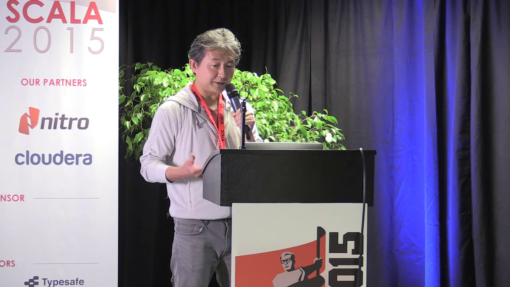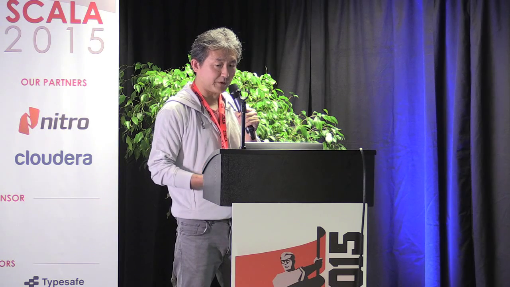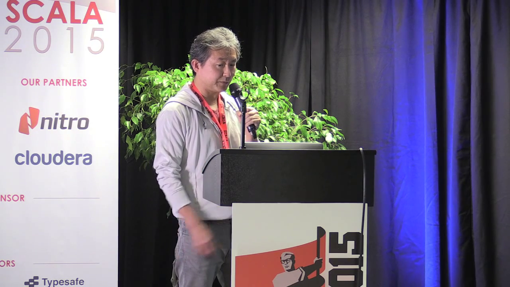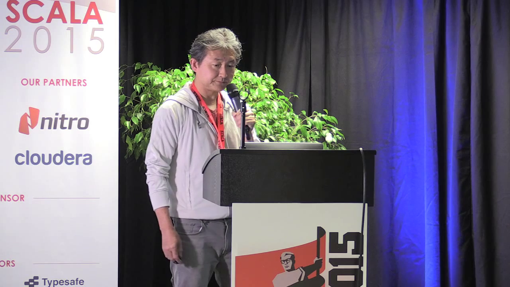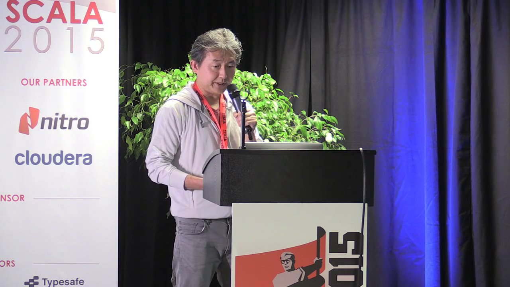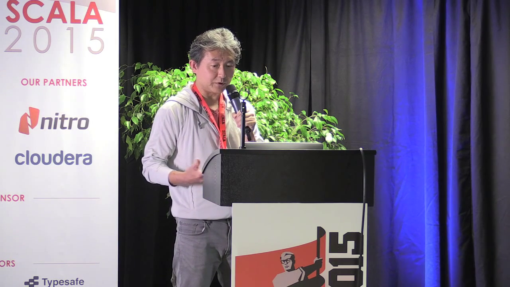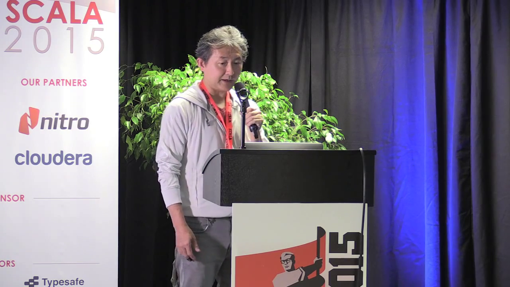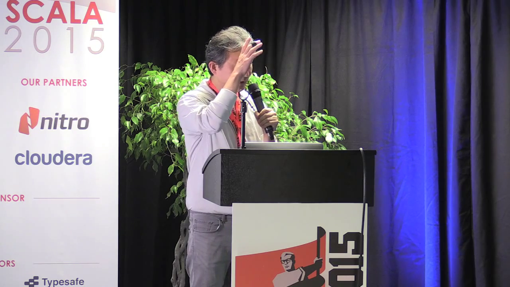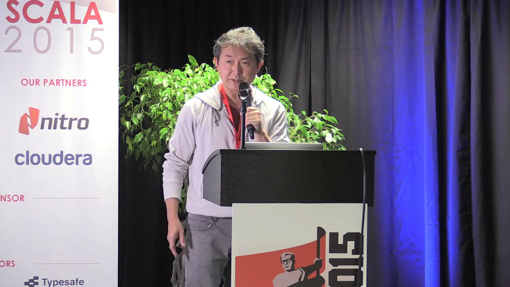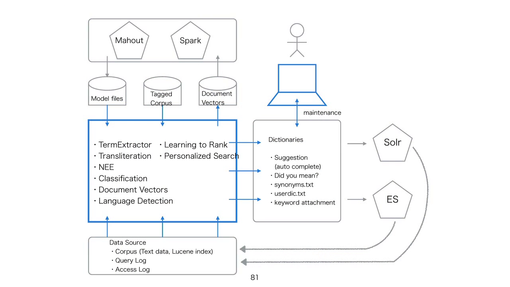We are also planning to provide the transliteration corpus and learned NEE model files as well. We use NLP and machine learning techniques to output models, dictionaries, and Lucene indexes. Because NLP and machine learning are not perfect, we provide a GUI that enables you to personally examine output dictionaries. This is an overview of the framework.